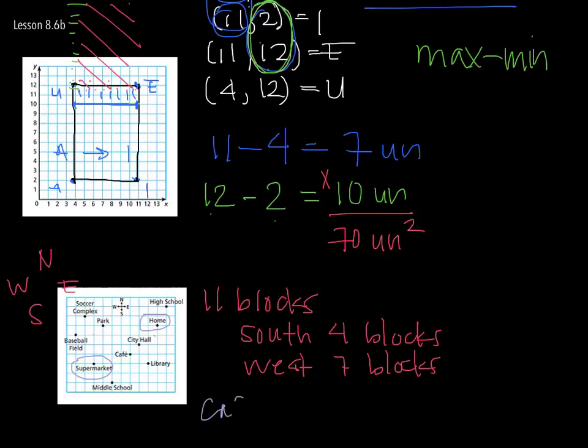Okay, cafe to middle school. Going only 5 blocks. Okay? How many different routes can you take? So this would be 1 route. This would be 2 routes. How many different combinations can you come up with? That's my challenge problem for you.